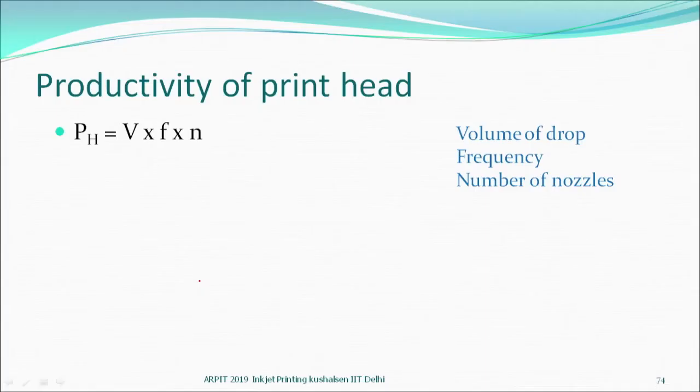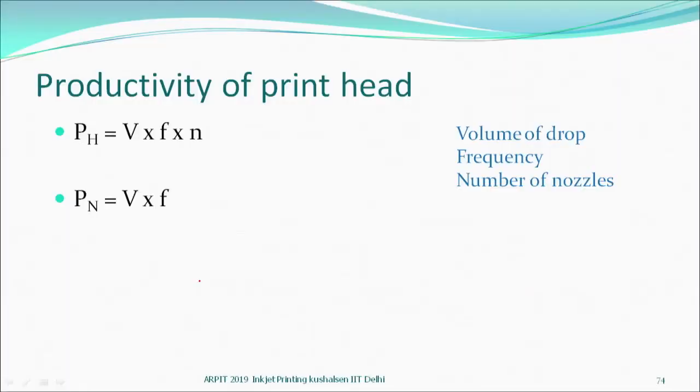So, the productivity of a print head is in a way directly related to the volume of the drop, the frequency, and the number of nozzles. Or sometimes they express the productivity of a nozzle, which is obviously volume versus the frequency. So, you are talking about how fast you are working, what is the displacement that your actuator is doing, and all that is part of the game.